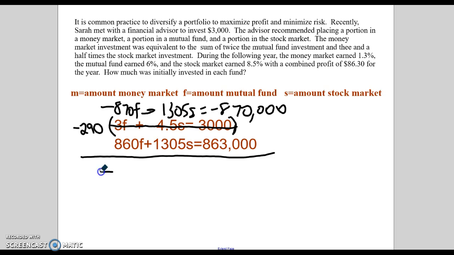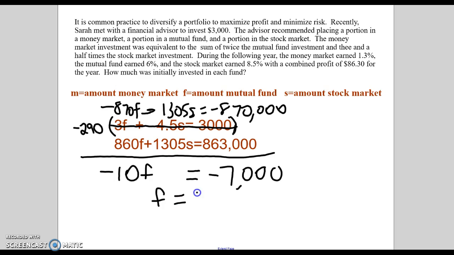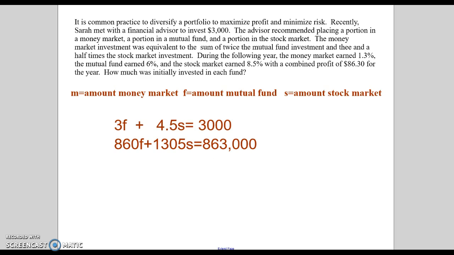What I get is that negative 10F equals negative 7,000. So F has to equal $700. Now I'm one step closer to solving this problem. I have my F value, so now I can take one of these 2 equations and solve for S. If I take the first one here, 3 times 700 plus 4.5S equals 3,000.